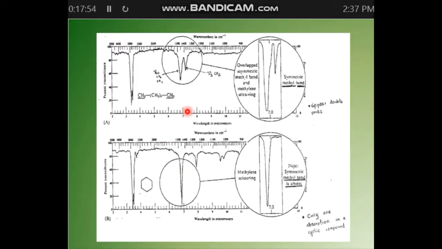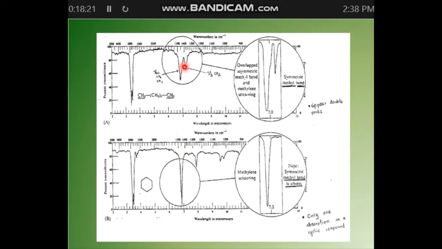Cyclic and acyclic hydrocarbons are differentiated by the different carbon-carbon vibrational frequencies. In the top spectrum, we can see two different carbon-carbon frequencies. In the bottom, we see only one kind of carbon-carbon vibrational frequency, because the molecule is symmetrical.